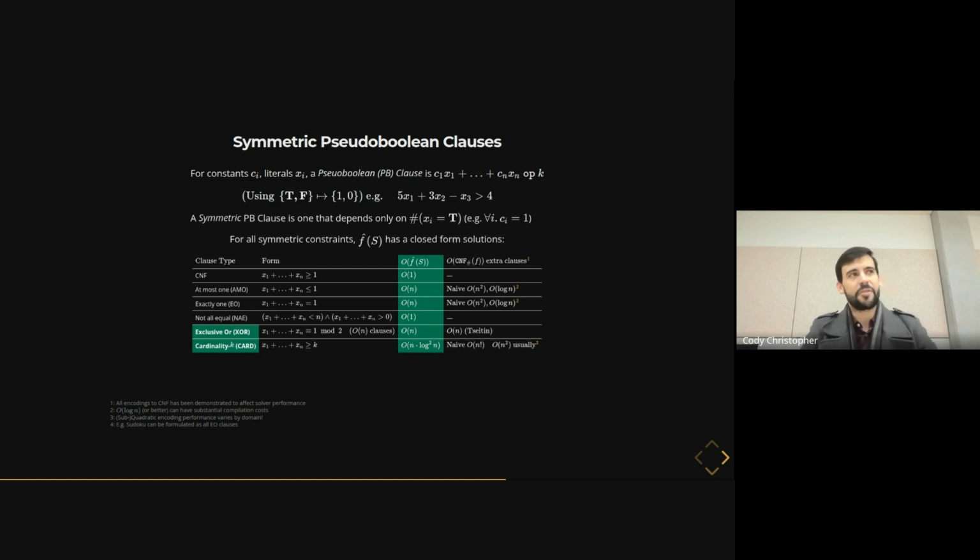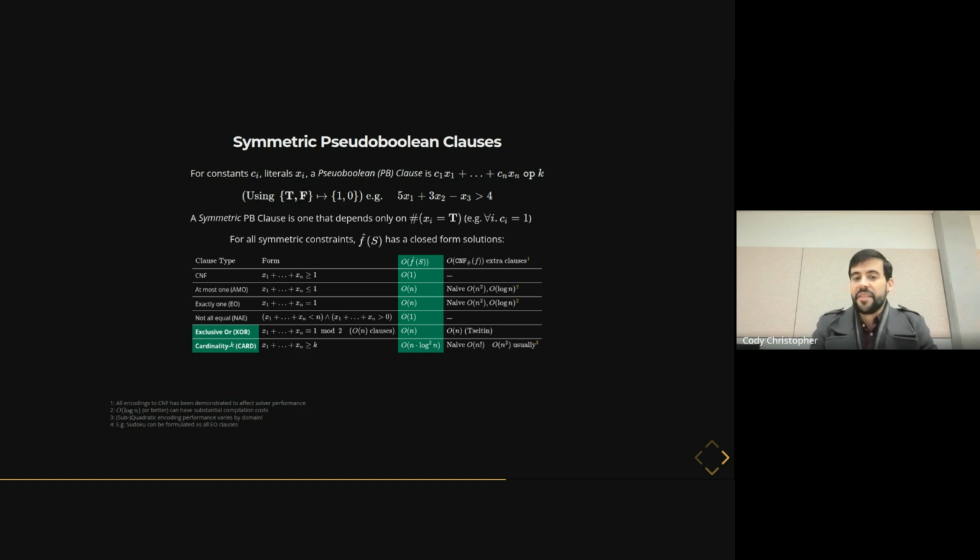And when you are taking the exclusive OR of more than 2 variables, really what you care about is that an odd number of them are true. If you take sequential XORs, you'll find that this is how it works. And then for cardinality, we just care that some number of the variables in the clause are satisfied or unsatisfied. So this can be less than k or greater than k, variously.